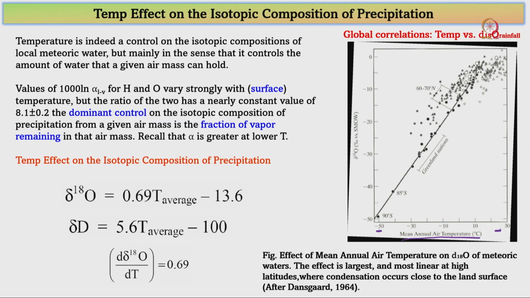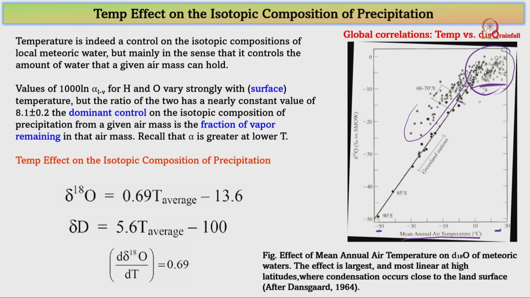So, we see that in the colder regions the relationships are pretty good and linear. What happens is there is more effect of other factors in the hotter regions, in the more tropical areas, and in these regions there can be other factors that are active to cause such variations.